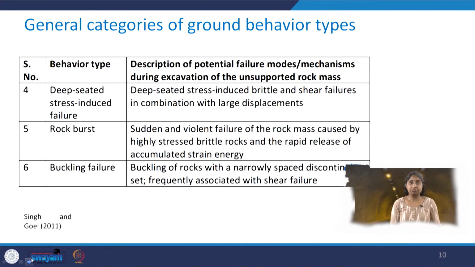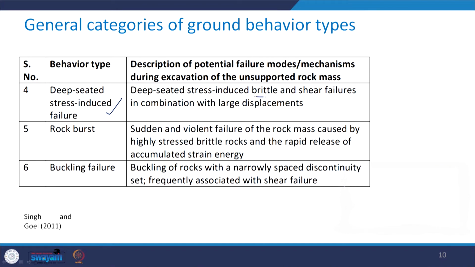Coming to the fourth one, which is deep seated stress induced failure. Here it includes brittle and shear failures in combination with large displacement. So, large displacement takes place if the behavior is deep seated stress induced failure.